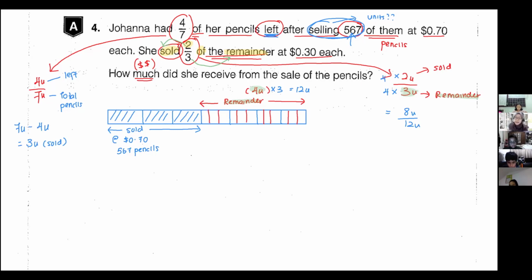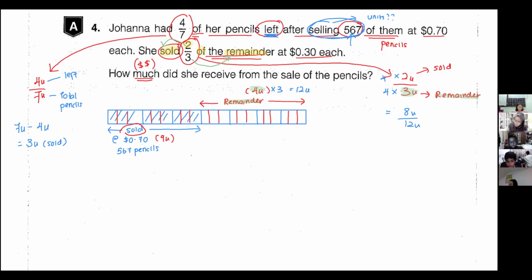So since I cut up the remainder, the rest of the model, which is the sold part here, must also be cut into 3 parts each, because they belong to the same total pencil model. Okay. 1, 2, 3, 1, 2, 3, 1, 2, 3. So if you look at this, the sold at 70 cents is 9 units.